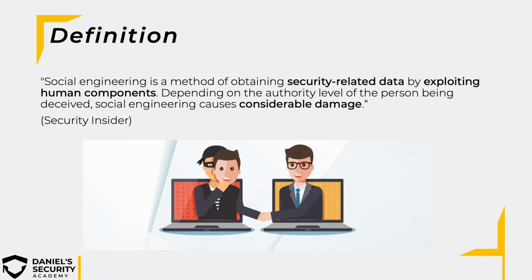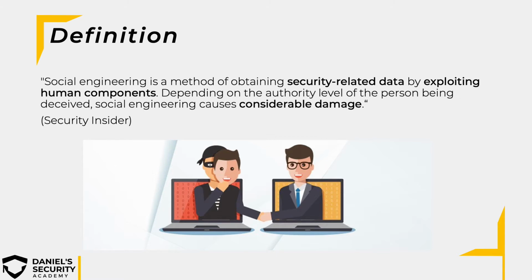Social engineering is a method of obtaining security related data by exploiting human components. And depending on the authority level of the person being exploited or deceived, social engineering can cause considerable damage. This is a definition I got from Security Insider, and it shows you the main components of social engineering.